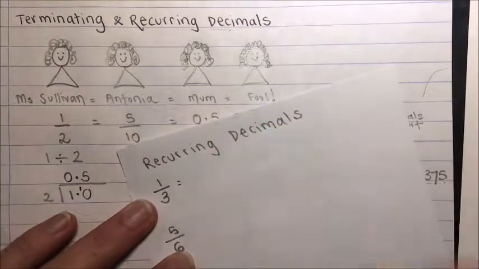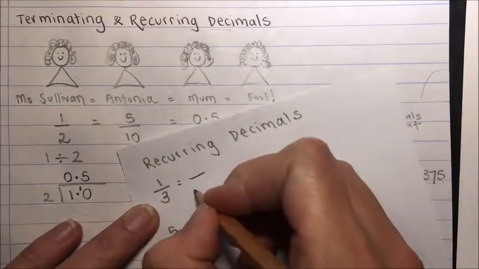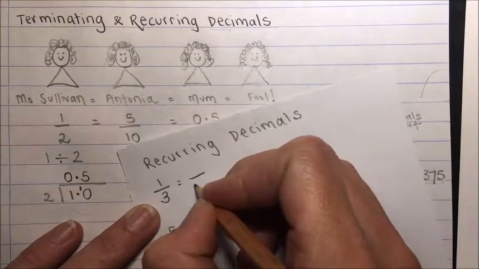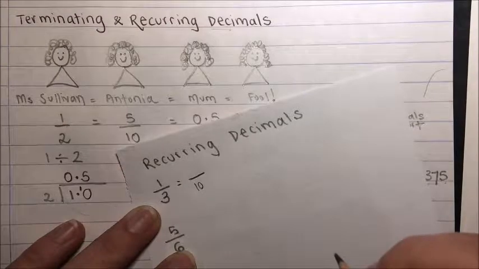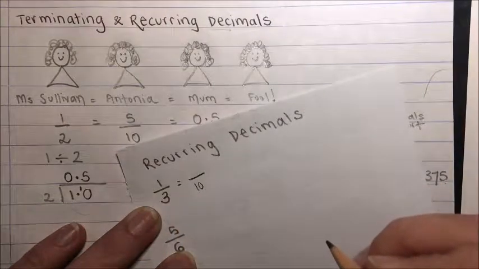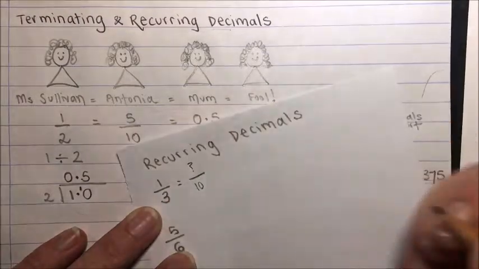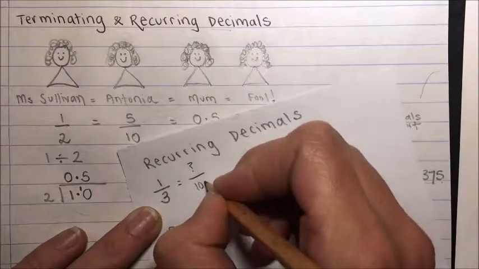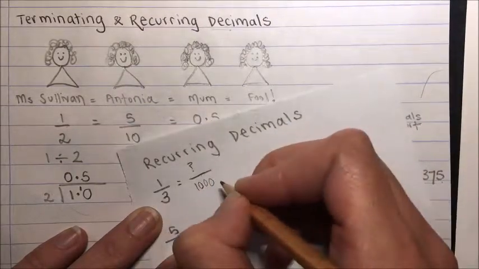Because obviously I can't do anything where 3 is going to have a common denominator being 10 or 100 or even 1,000. So I can't create a common denominator with anything that's remotely base 10. So I'm just going to put a question mark there so that we remember. It's not going to work with 10, it's not going to work with 100, it's not going to work with 1,000. Getting where I'm coming from?